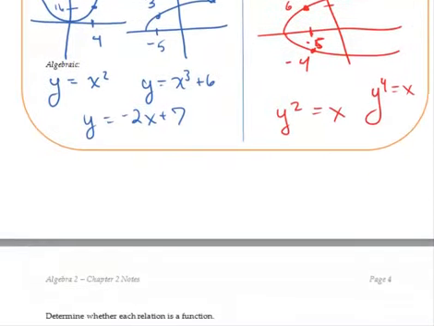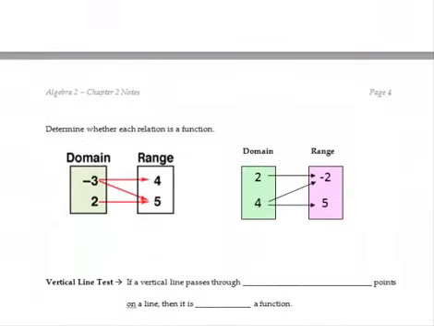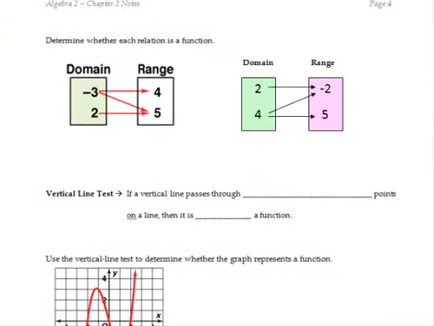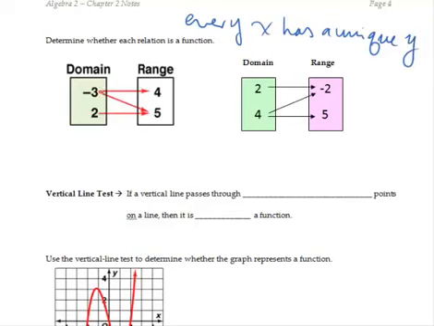Let's go ahead, we'll take a look at some examples. When we talk about domain and range for your mapping functions here, we want to determine whether each relationship is a function. Remember what we said about things splitting. We said every x has a unique y value. So look at your x values over here. We have -3.